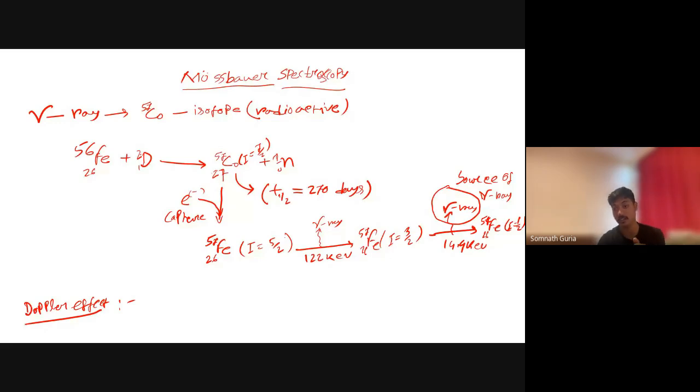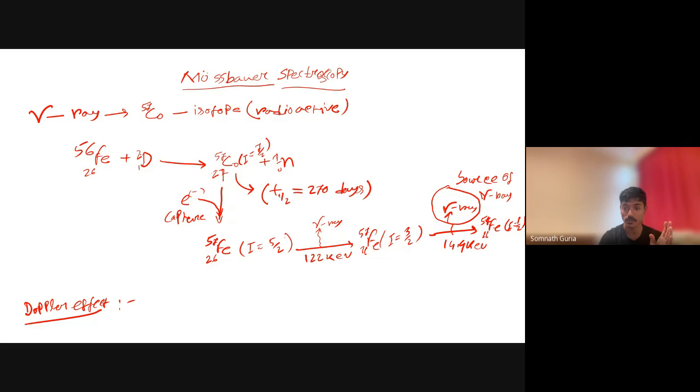If a very high energetic wave hits a particular atom, the atom goes forward and we lose some energy, so the energy gap between I equals 1/2 and I equals 3/2 does not match our source energy.